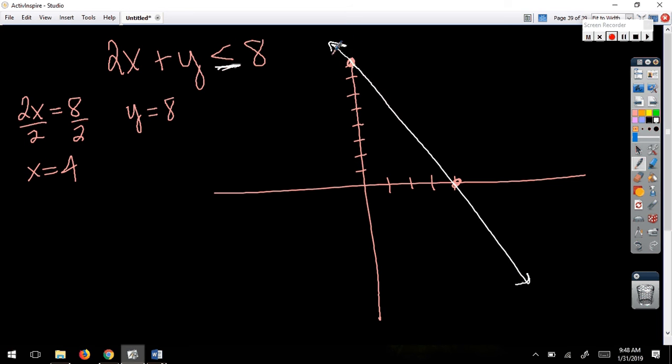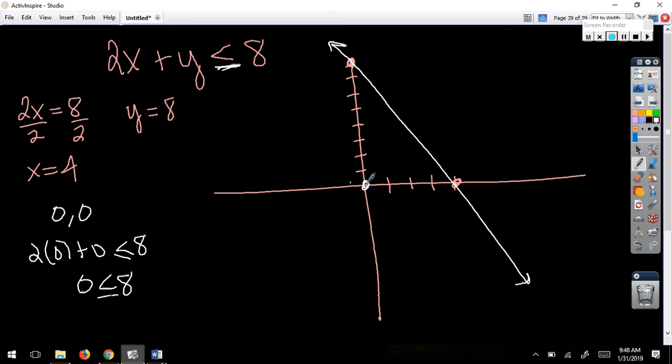I'm going to connect, but I need to know where to shade, so I need to pick a point. Which point? 0, 0. Remember, if your line goes through 0, 0, you can't use it. If I plug that in, is that true or false? Is 0 less than 8?